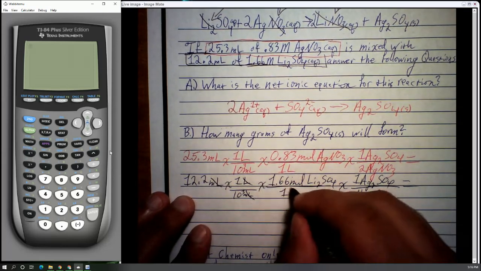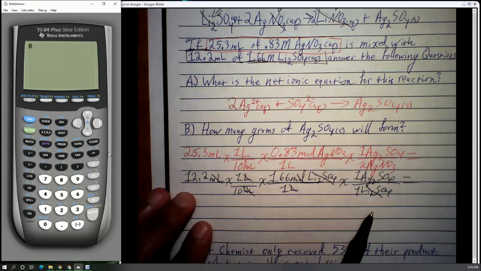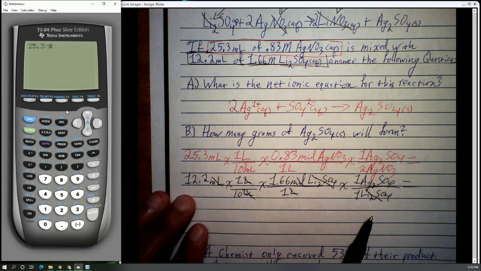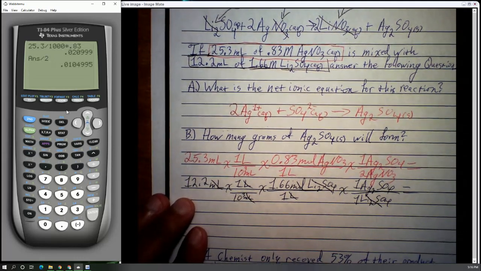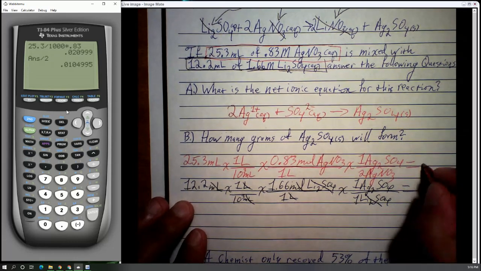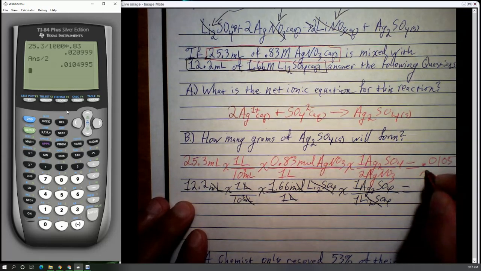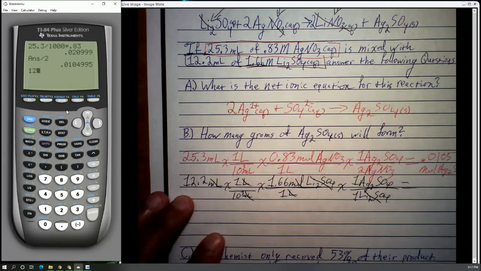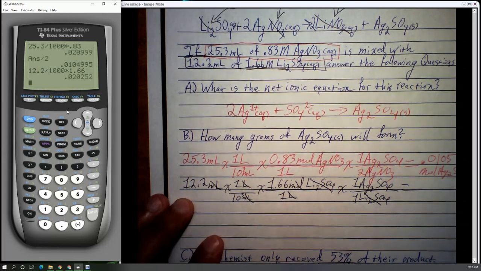So mils are gone, liters are gone. Oh, sorry, we still have moles. All right, so let's calculate it. So this would be 0.0105 moles of our product. 2 over 1,000 6, and it's a 1-to-1 ratio.